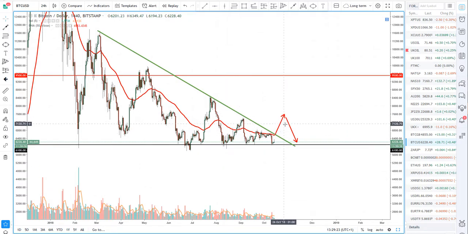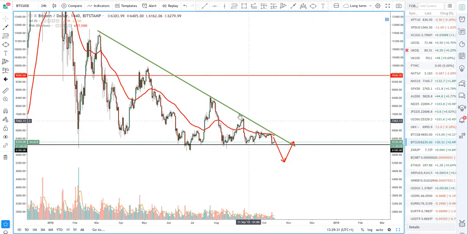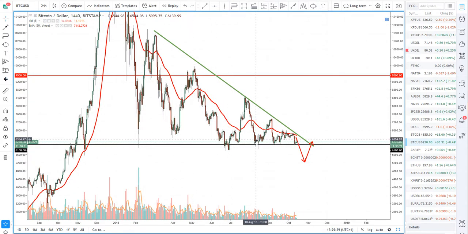And likewise, if it's the other way around, if it breaks down there and comes back like that, and again on high volume, if that is a high volume breakdown and then moves back up, a high volume rejection of $6,000, that would confirm the triangle, and the expected pattern distance is down to between $100 and $400 a coin.